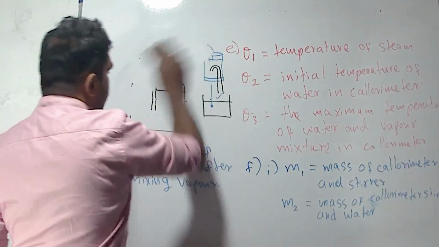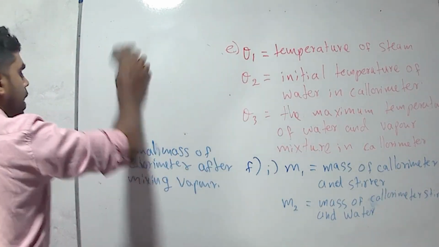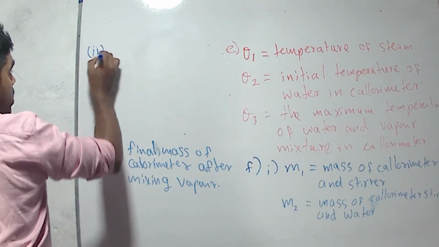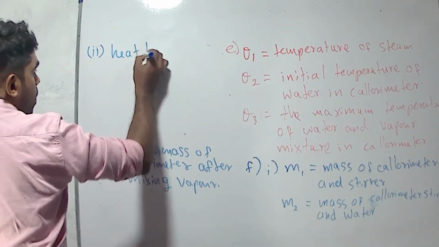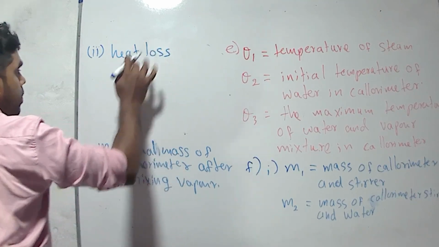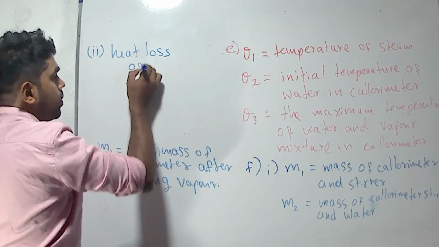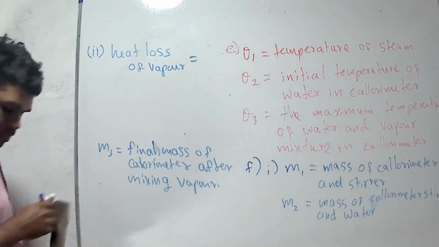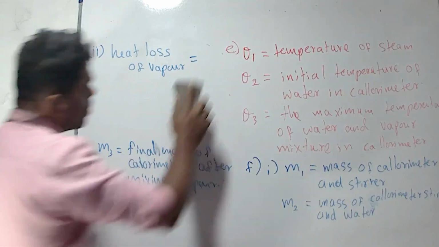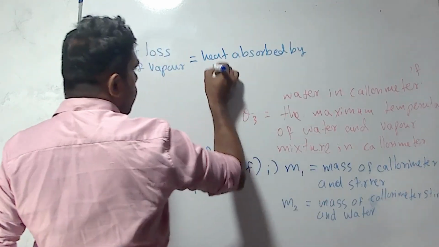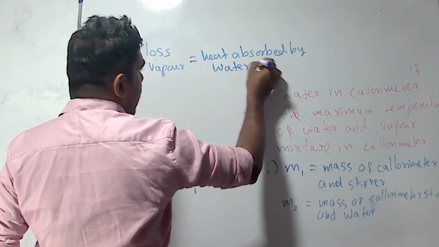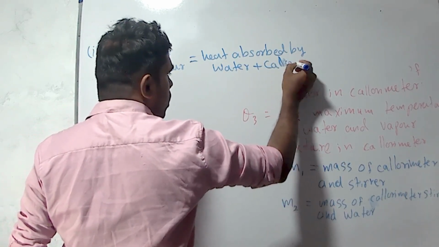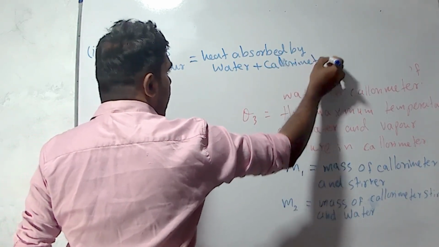Now we can write the basic relationship. The heat loss of vapor should be equal to the heat absorbed by water and calorimeter.